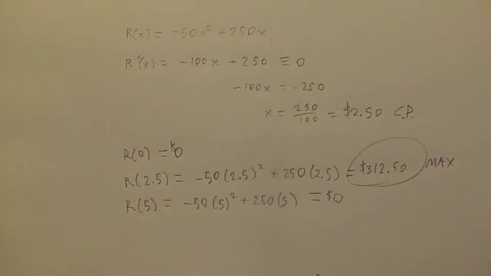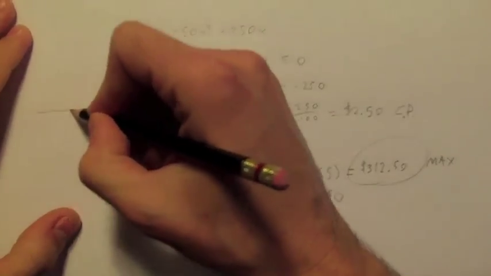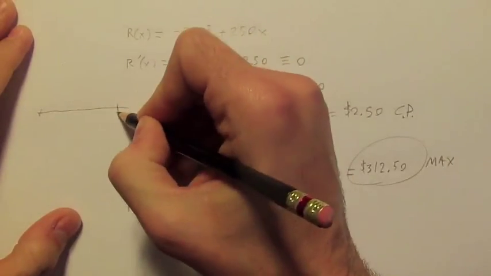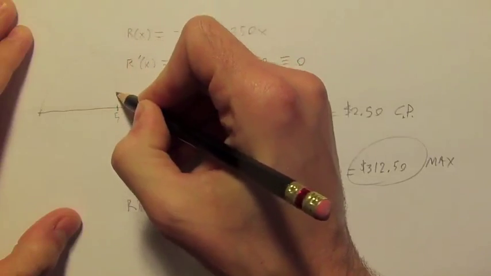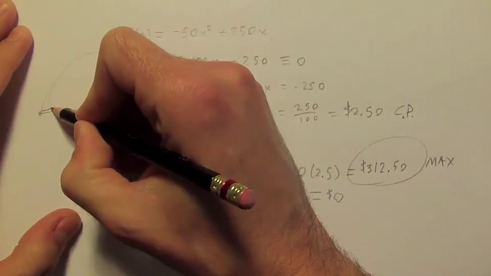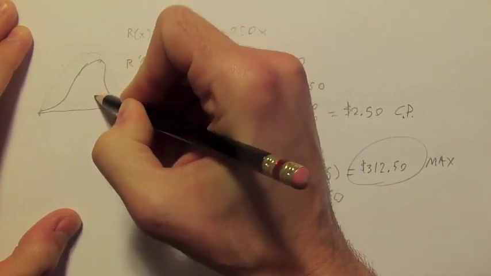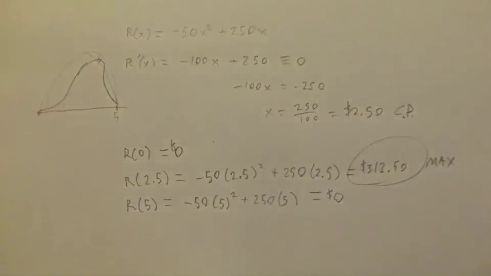You just take half of the interval. The answer is that's only true in very specific cases. This revenue function just happens to look like a nice curve, but often revenue functions will instead look something like this, and we have no idea where that maximum ends up being. So you do have to go through this process.